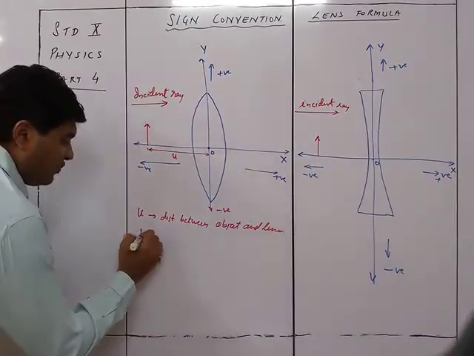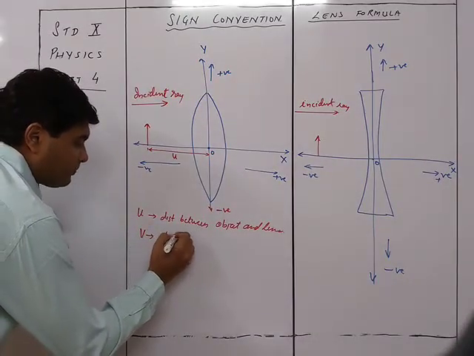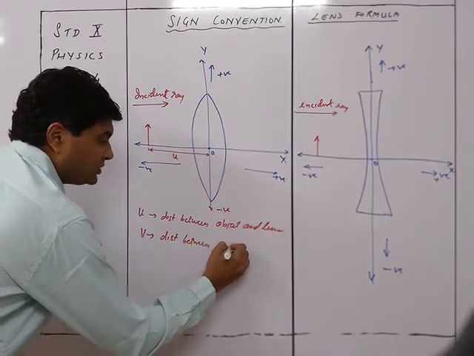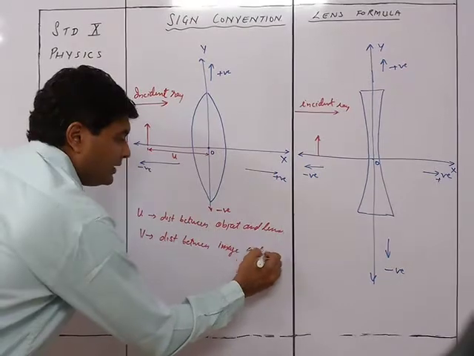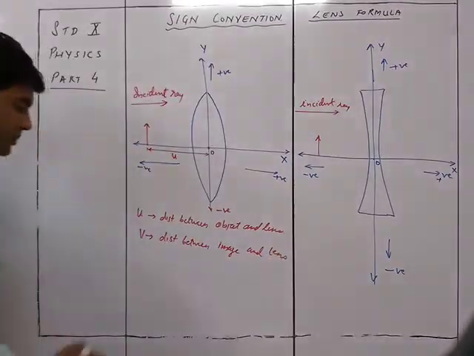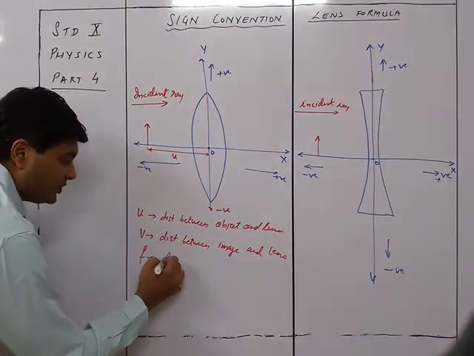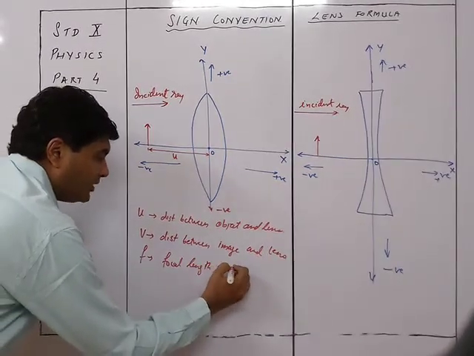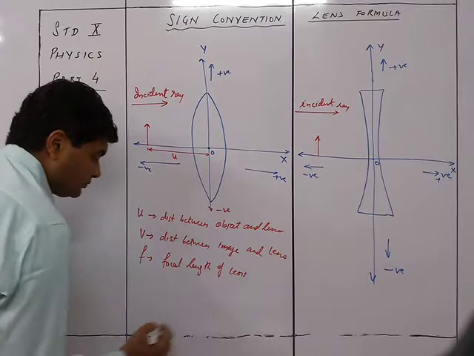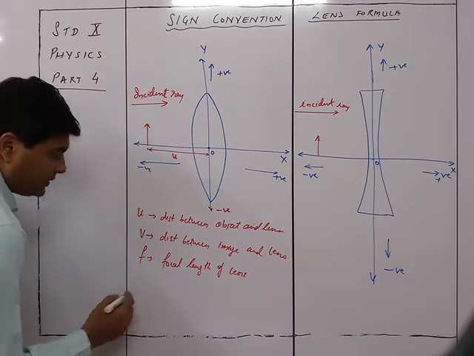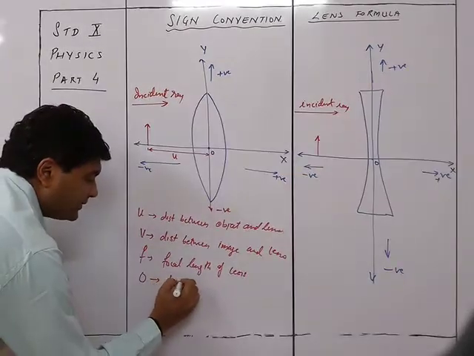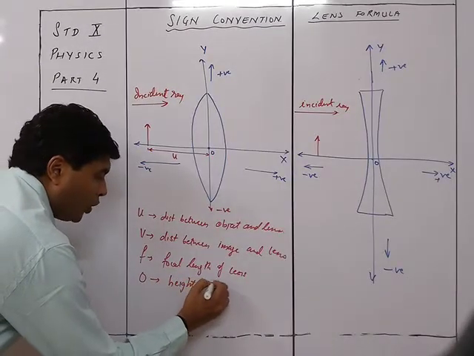The next thing is V, the distance between image and lens. F is the focal length of the lens. O is the height of the object.